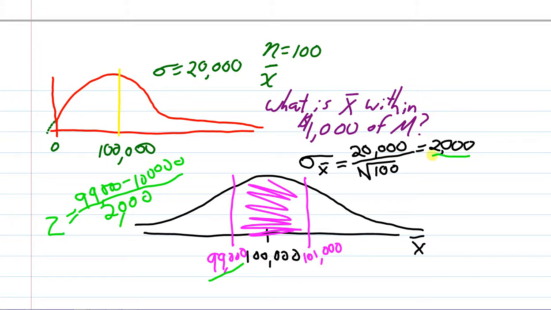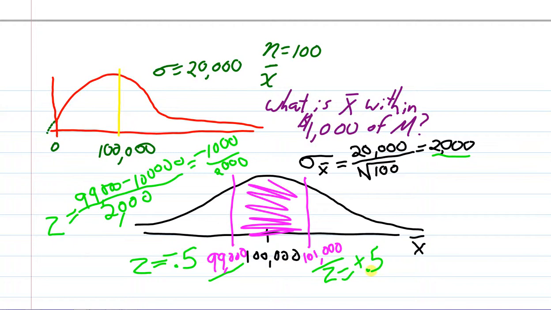So what we're going to end up with is minus 1,000 over 2,000, which is going to be minus 1/2. So z equals minus 0.5. What's the z-score for this one going to be? Positive 0.5, because it's the same distance away from the mean. So z equals positive 0.5.